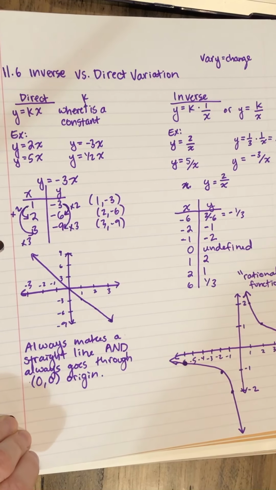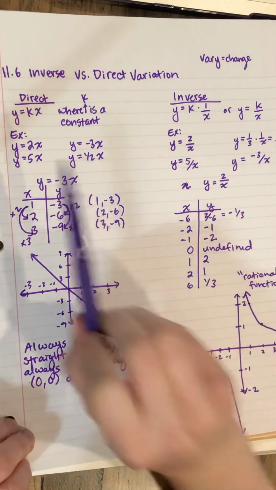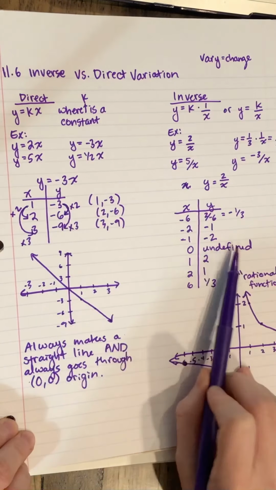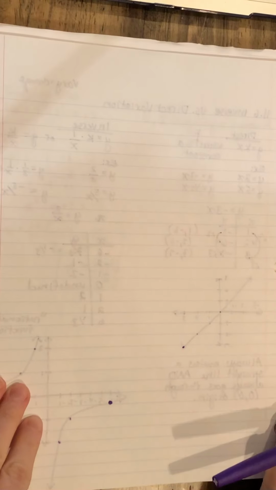So the last thing that I want to cover, we covered how you can tell if it's inverse or direct looking at the equation, looking at the table, looking at the graph. The last thing that I want to cover is when it's not exactly obvious.